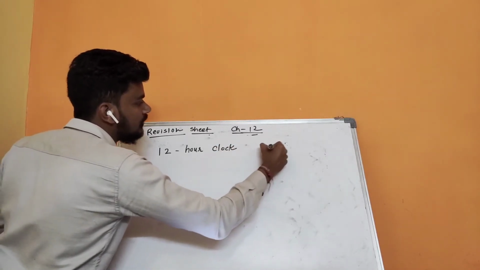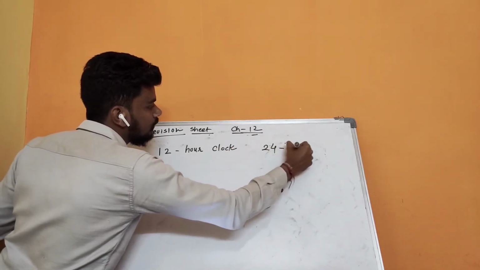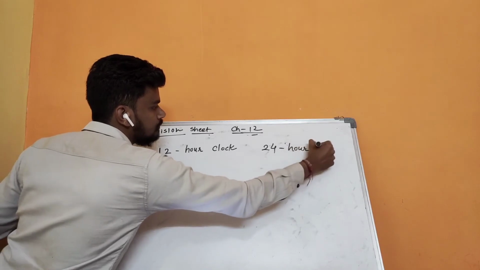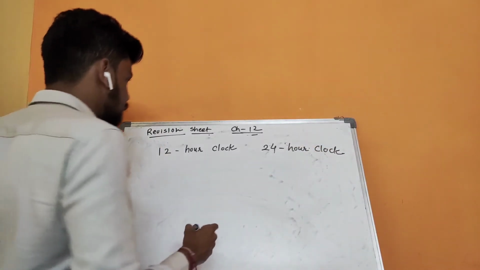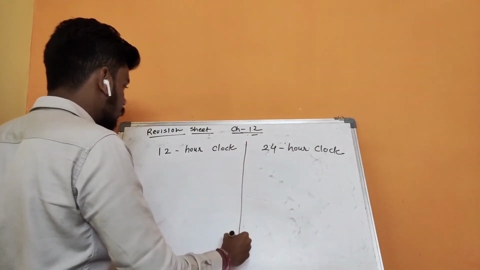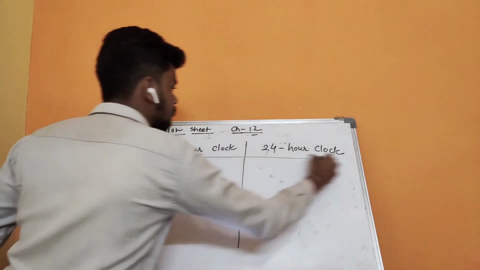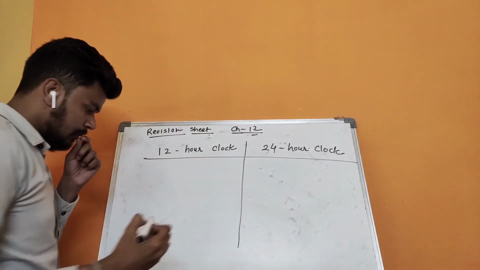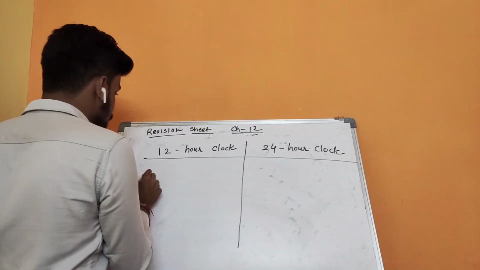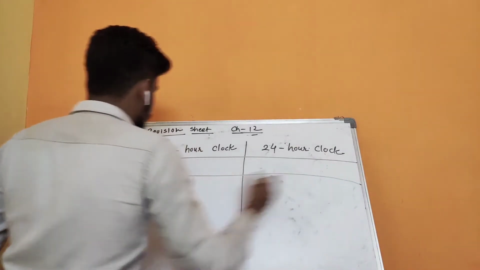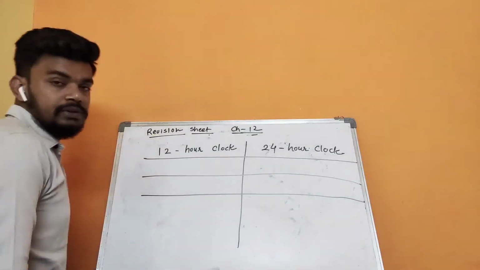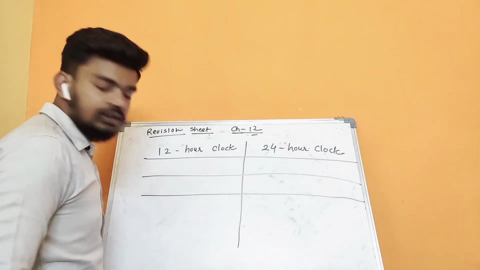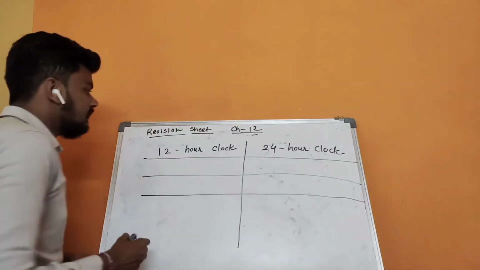This side we write the 24-hour clock, right? The table you have to draw, it is not compulsory that you have to draw it, because in this one you can directly write the answer.